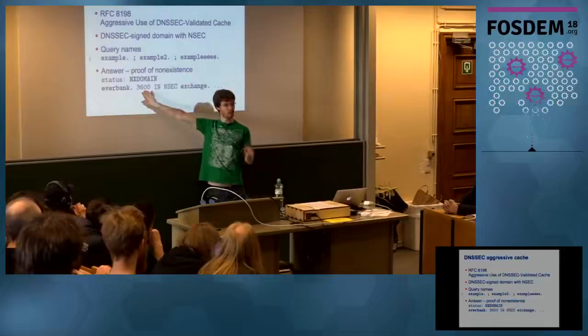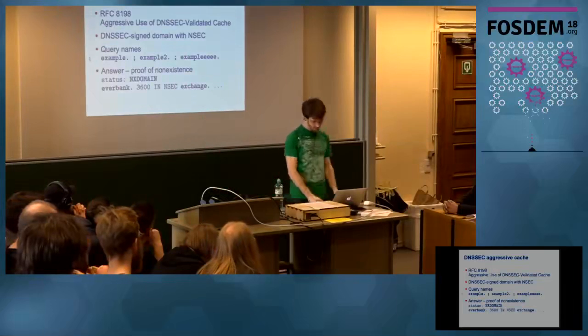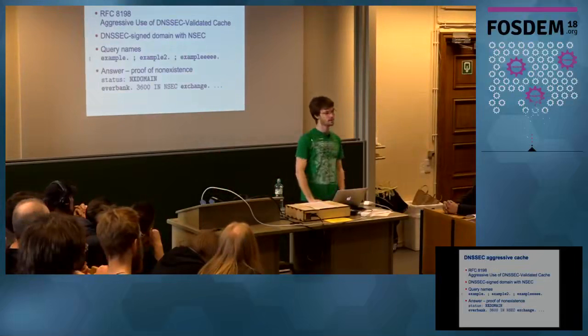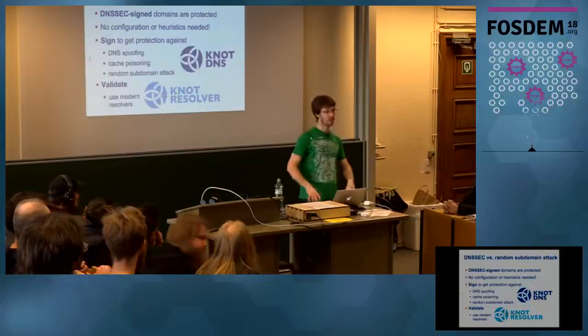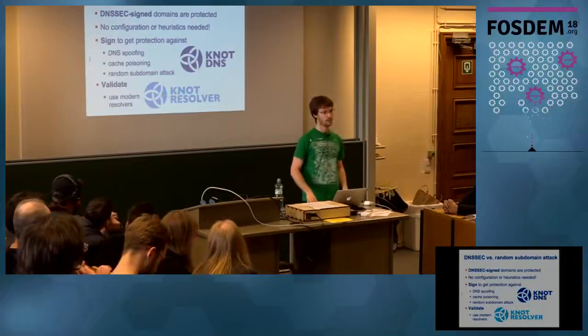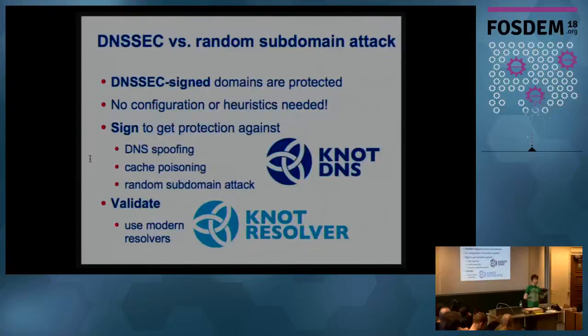So for 1 hour, we don't need to contact the authoritative server again, which might be a huge help under attack. So in practice, if the DNSSEC domain is signed, using NSEC at the moment, but that's technical detail, it will just work.